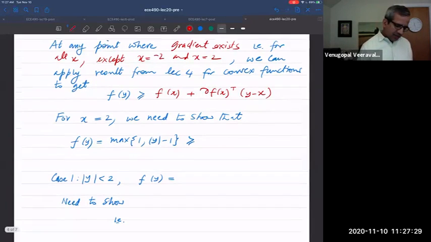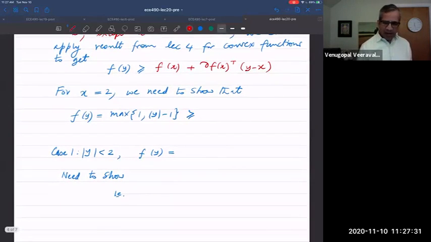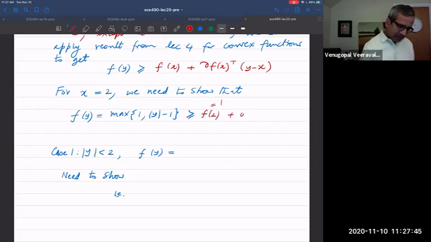At x equal to 2, we need to show that f(y) is bigger than or equal to f(2), which is actually equal to 1, plus g times (y minus 2), the subgradient times (y minus 2).